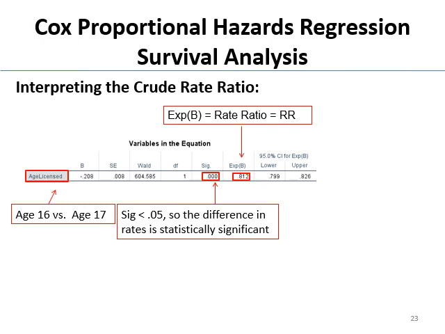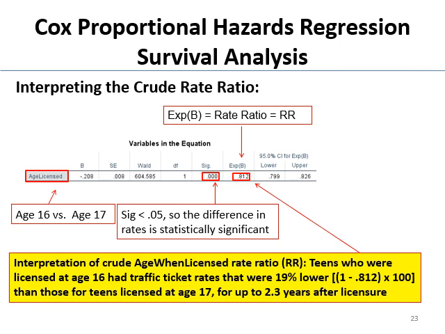That suggests that the group represented by age license, that is 16-year-olds, had a lower ticket rate than the referent, which is 17-year-olds. This is real. So how to interpret it? Well, teens who were licensed at age 16 had traffic ticket rates that were about 19% lower.